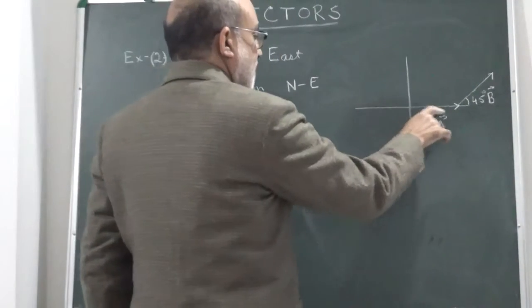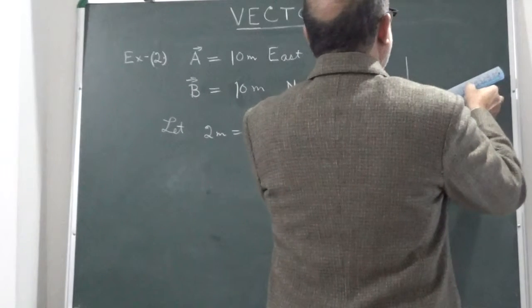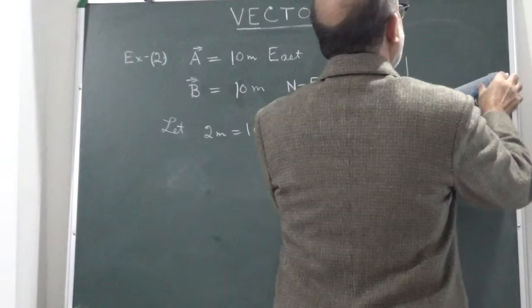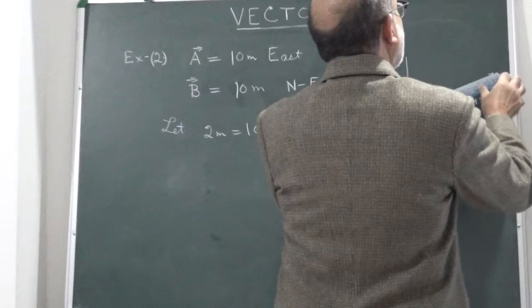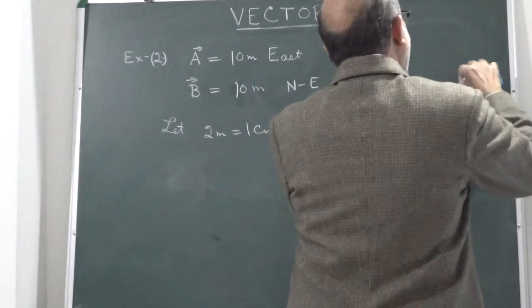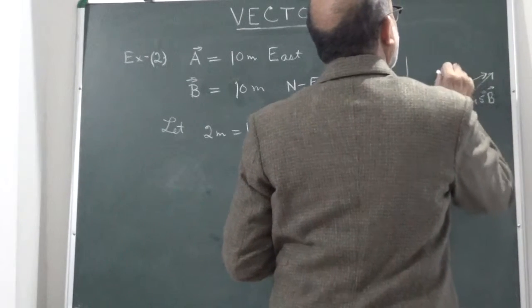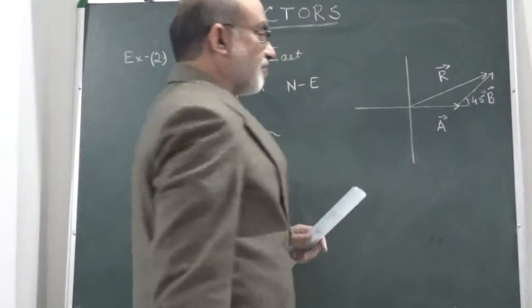If this represents vector A, this represents vector B. The resultant is given by the straight line, an arrow joining the tail of A to the head of B. So this is your resultant.